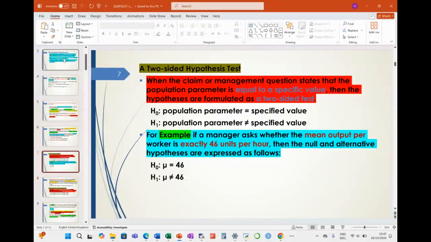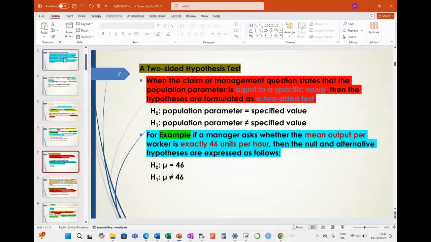So here they're saying, for example, if a manager asks whether the mean output per worker is exactly 46 units per hour, then the nil and alternative hypothesis are expressed as follows. All right. So remember we said in the nil hypothesis, H0, there has to be the equal sign. So he's asking whether the output per worker is 46 units per hour. In other words, do they produce 46 units per hour?